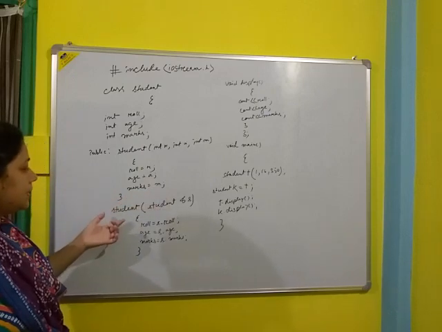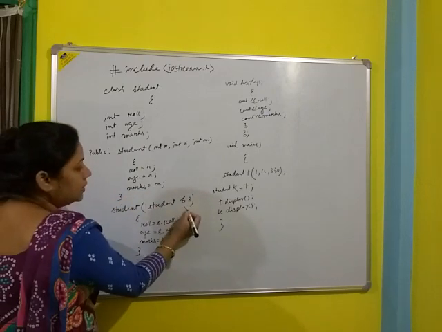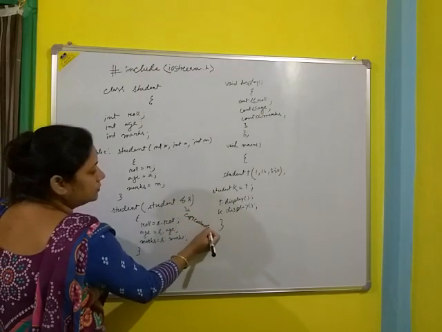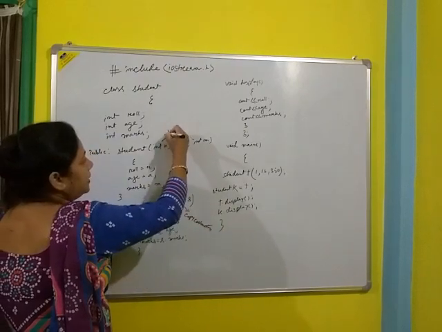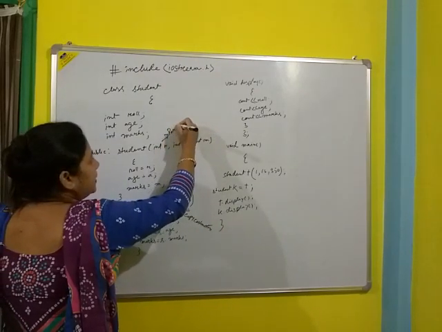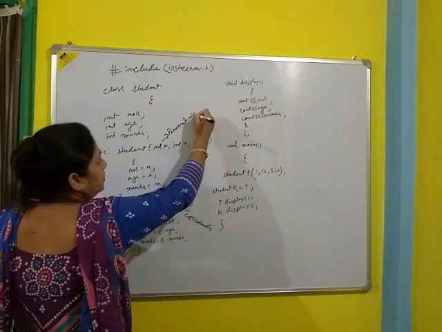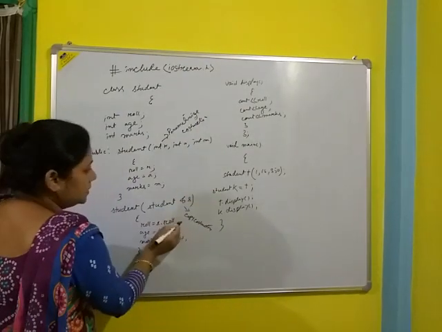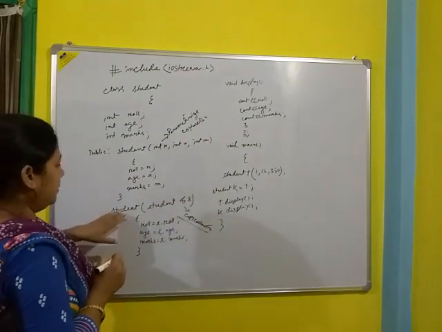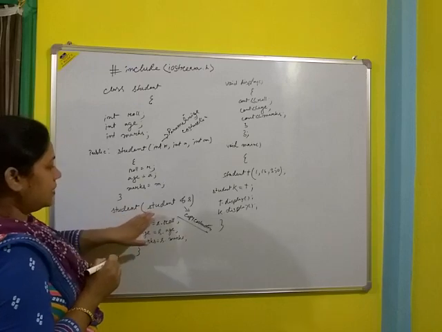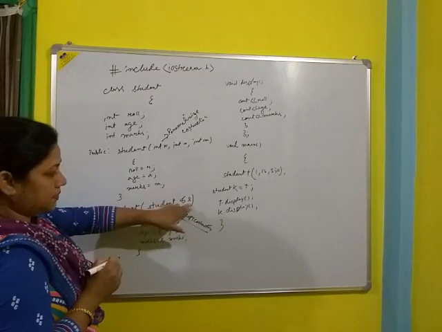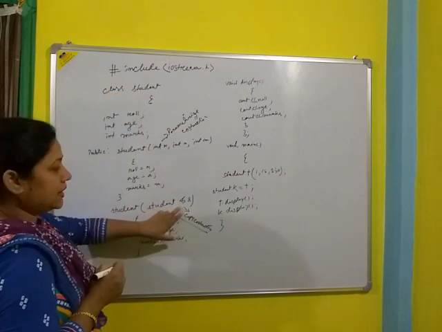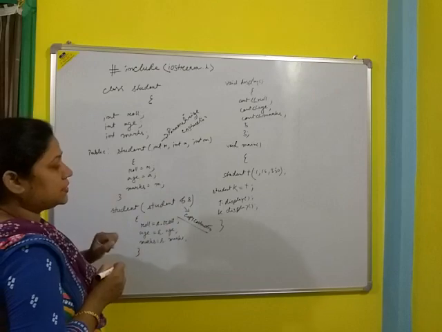Okay. After that, look at here. This is copy constructor and this is parameterized constructor. Okay, so this is the copy constructor, and because this is a copy constructor, I use the object of the class student as a parameter by using the reference method.